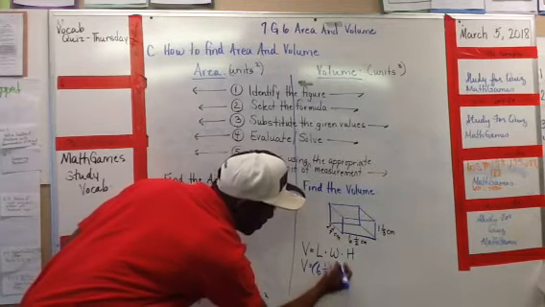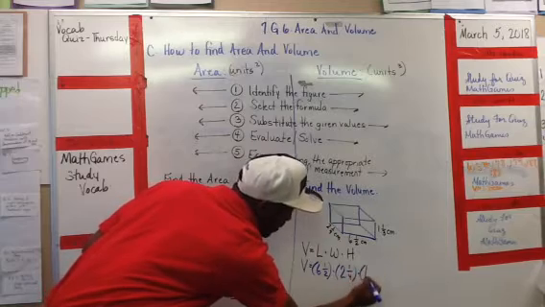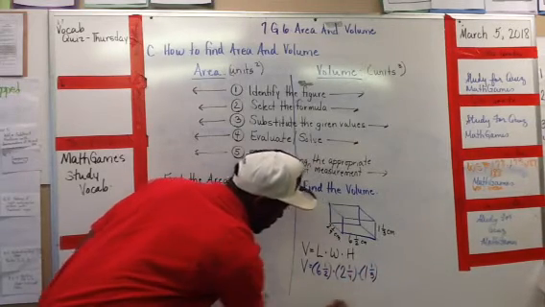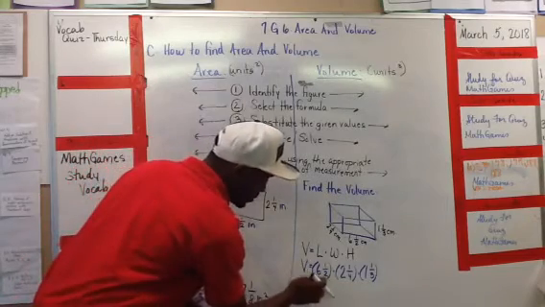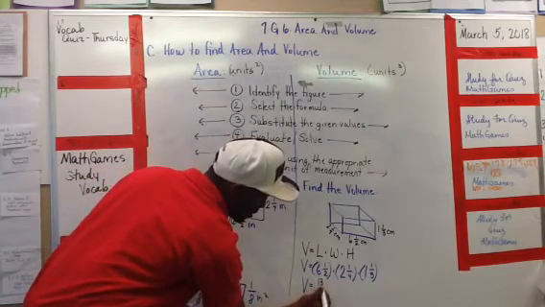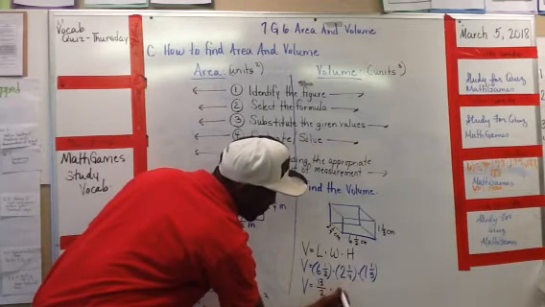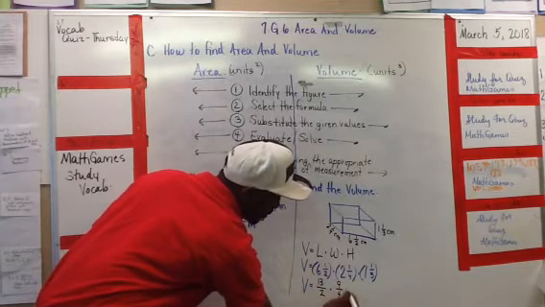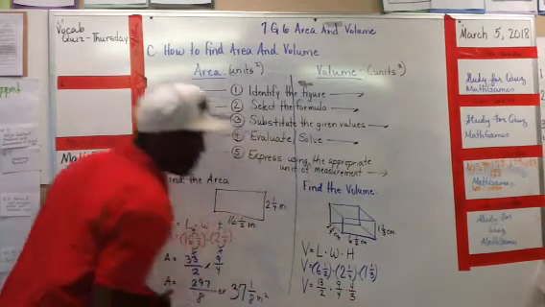The width is 2 1/4. The height, 1 1/3. If I change these to improper fractions, 2 times 6 is 12 plus 1 is 13 over 2. 4 times 2 is 8 plus 1 is 9. 3 times 1 is 3 plus 1 is 4 over 3.